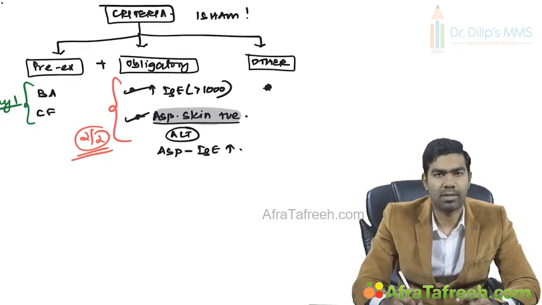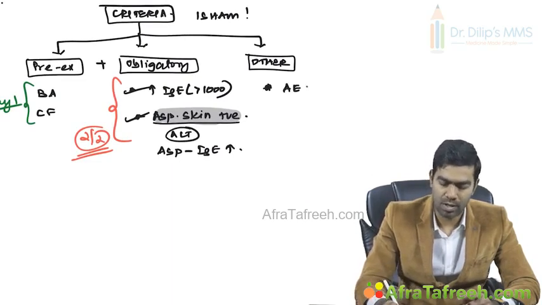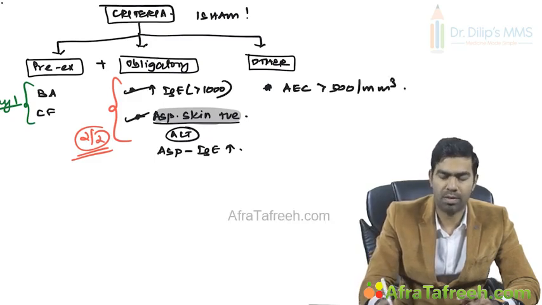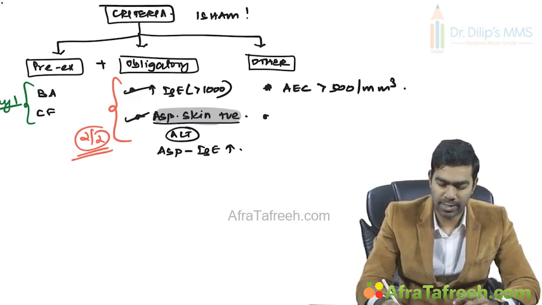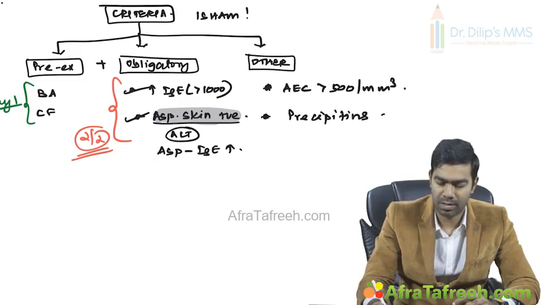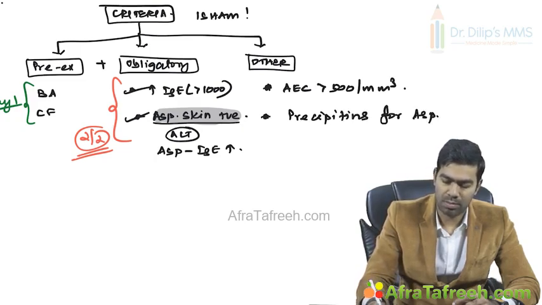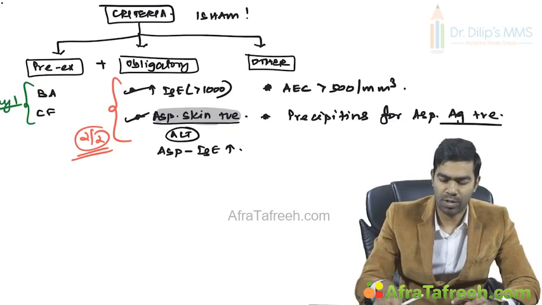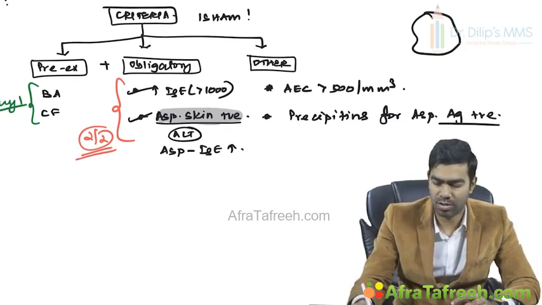And in the other criteria, there are 3, where your absolute eosinophil count should be more than 500 in the peripheral blood. At the same time, you might be getting your aspergillus precipitins positive. Precipitins for aspergillus antigen is positive, which means how we do the precipitin test, we take a disc-like structure where the disc will be coated with aspergillus antigen, and we'll be introducing a serum into the disc, the serum from the patient.